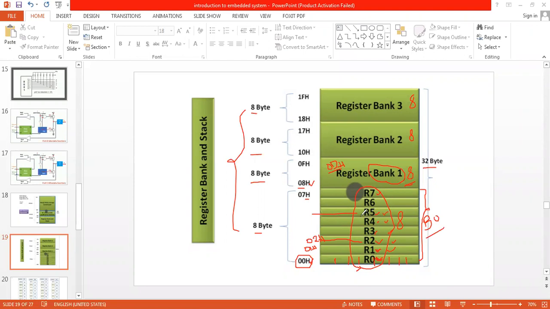So the address of the R5 register in bank 1 is 0DH. Understood? It goes on like that. The address of R7 in bank 1 is 0FH. But the same R7 address in bank 3 is 1FH, the highest value. We'll see it in the next slide. Has it been understood?